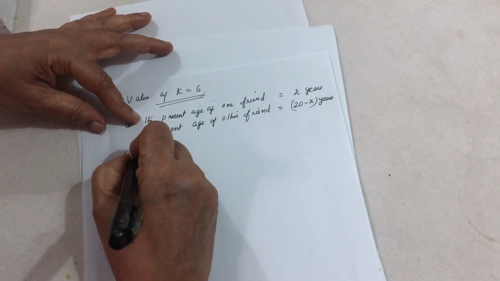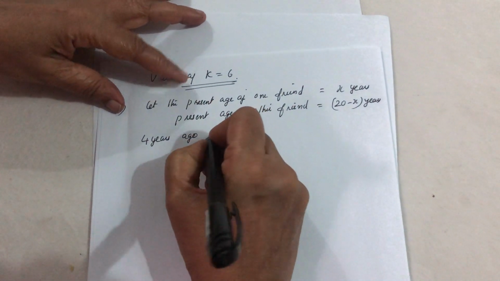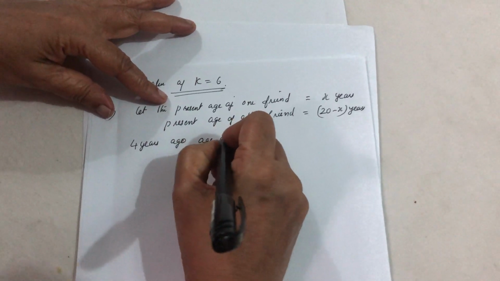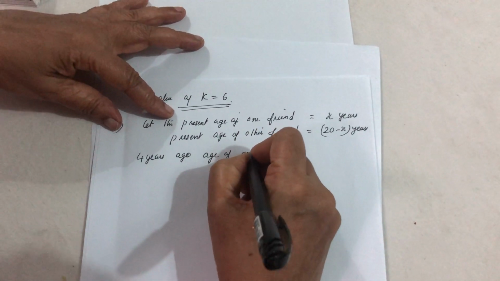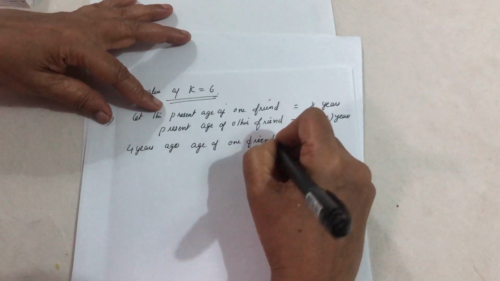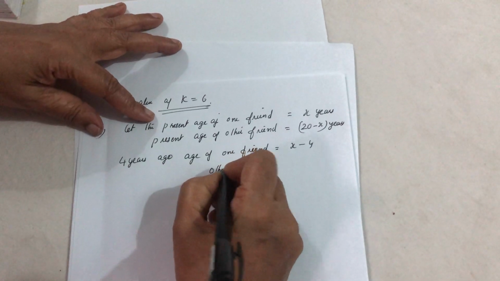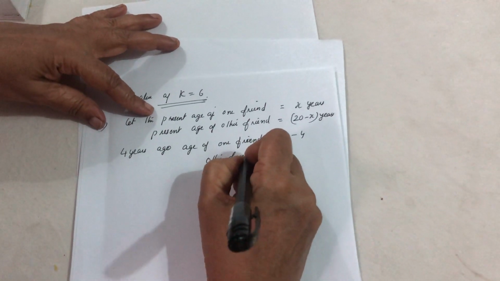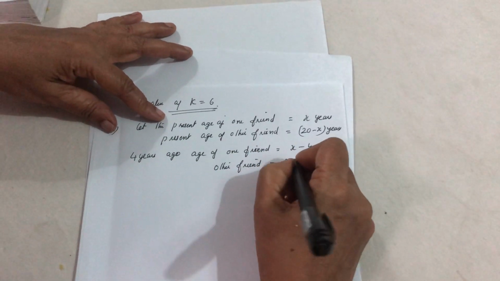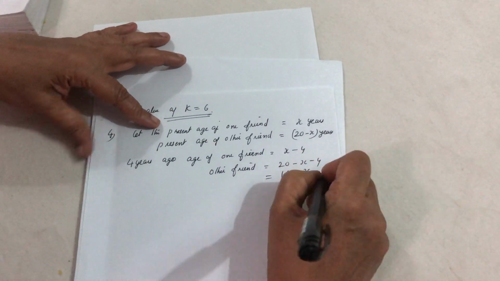So 4 years ago, age of one friend is x minus 4. Other friend, 20 minus x minus 4 is 16 minus x.